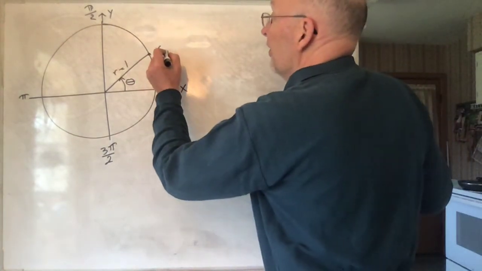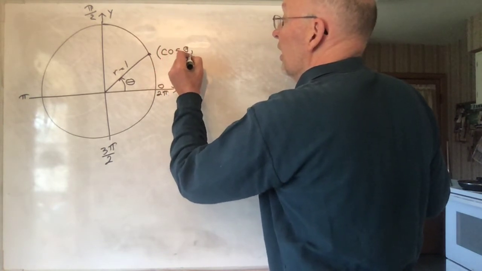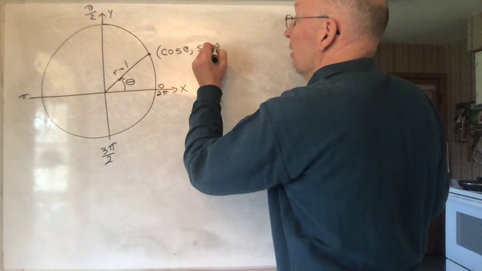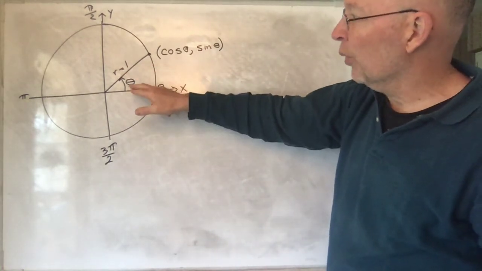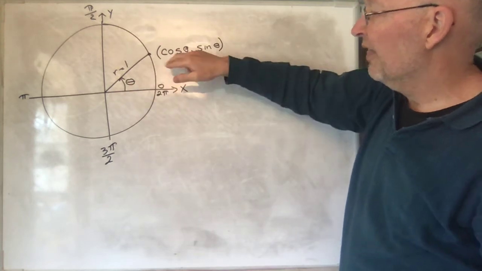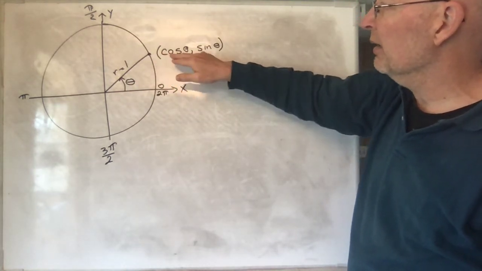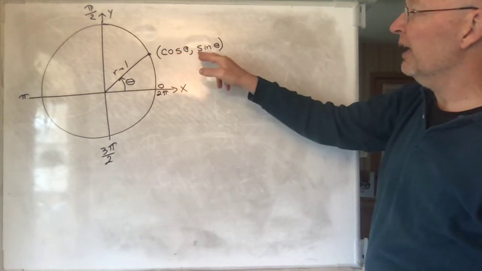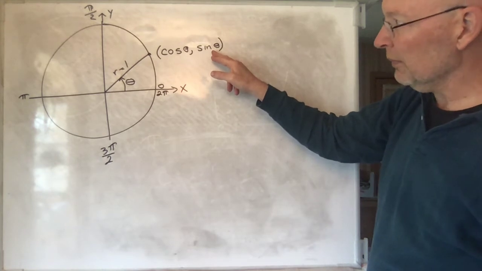And this is the definition of the cosine and the sine. If you have a circle of radius 1 and this angle is theta, then by definition, the x-coordinate of this point right here is the cosine of theta, and by definition, the y-coordinate is the sine of theta.